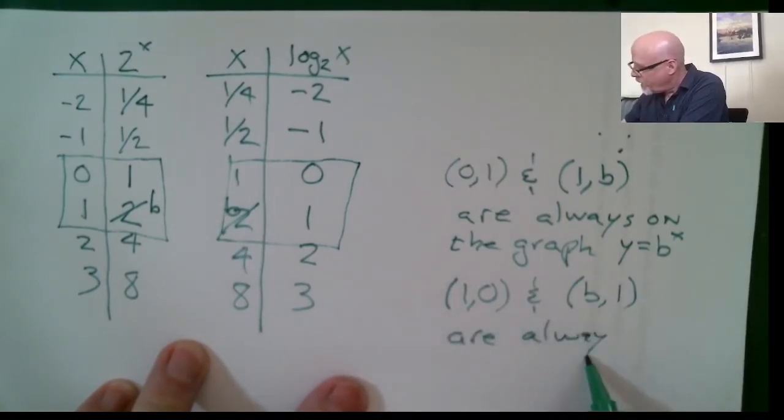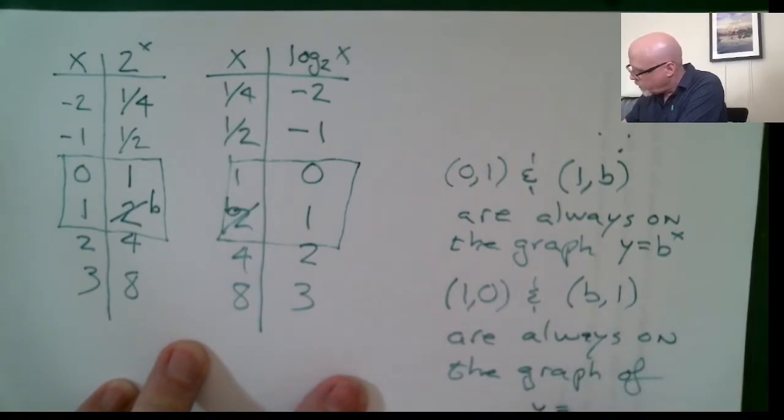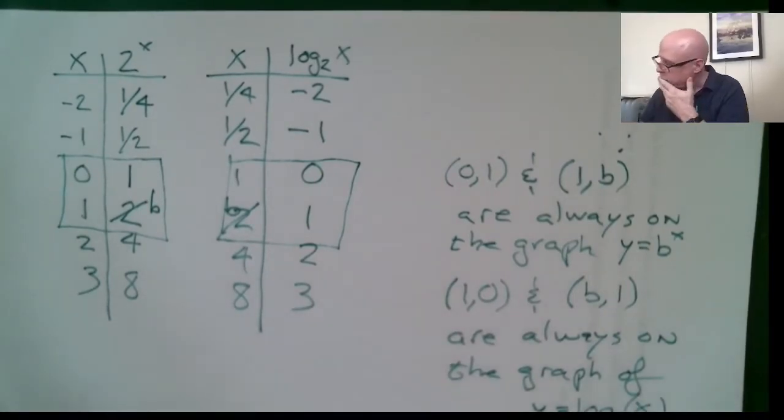Always on the graph of y equals the log base b of x. So this actually tells you something, a feature of the graph that's kind of important, or at least you can use it to remember how that feature is going to work out.